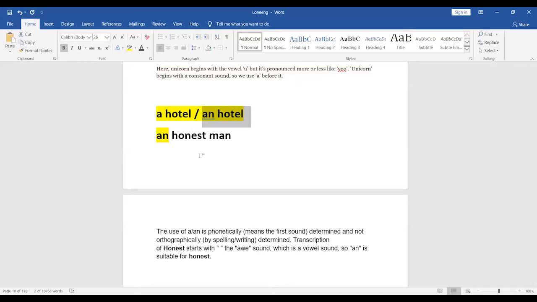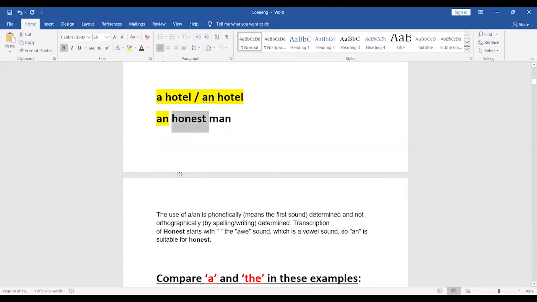The whole word starts with a sound like O. You say an honest man, as if you're pronouncing just the O. Because the pronunciation starts with O, although it is written with H, it gives the O sound. And that is the reason why an is used in front of honest. So it's more about how you pronounce it than how you write it.